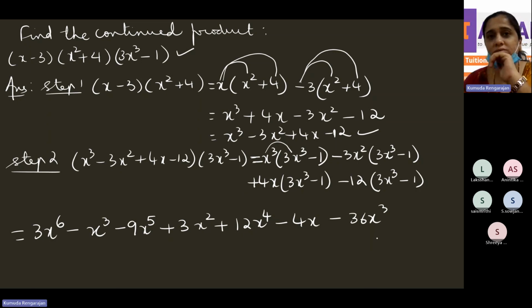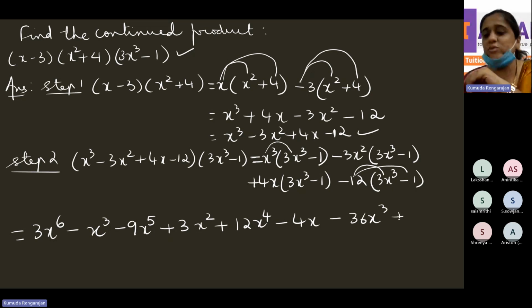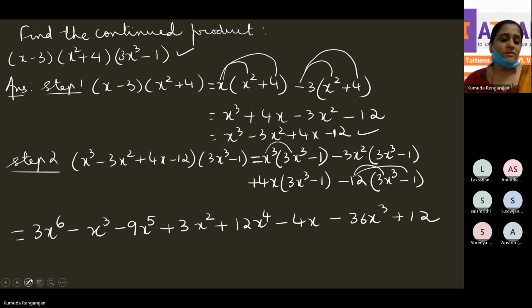Where did she stop? She's done multiplying minus 12 and this one. So you'll have to multiply, plus 12.